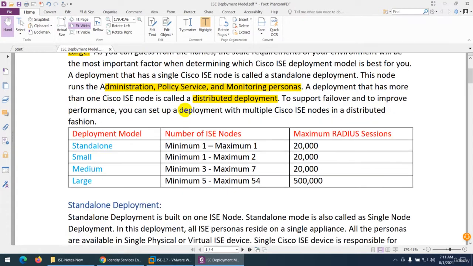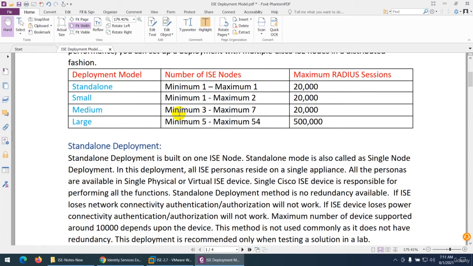So if I summarize them, for the standalone deployment model, minimum and maximum we have only one box, and it supports up to 20,000 RADIUS sessions. In the small deployment model, we can run minimum one and maximum two, which means two boxes.